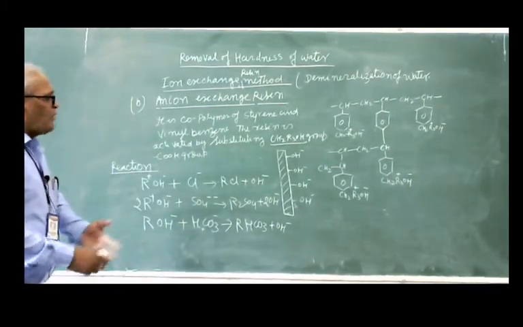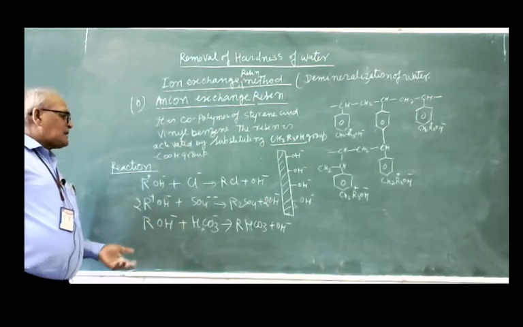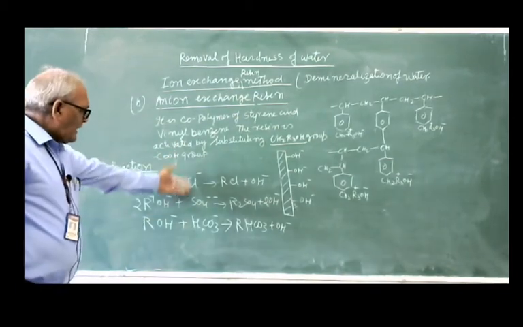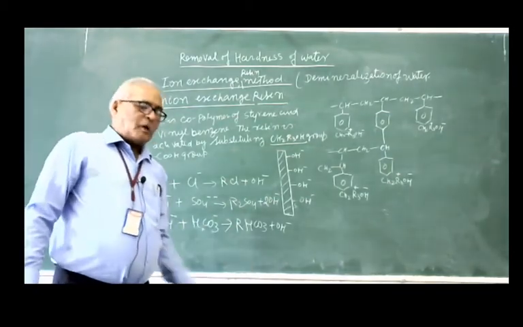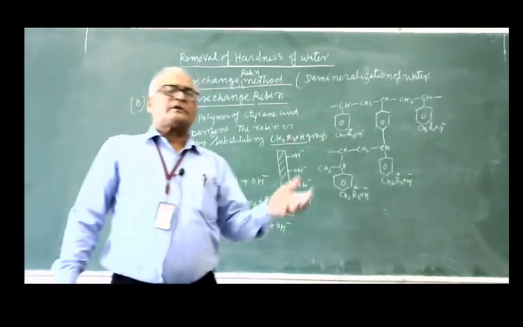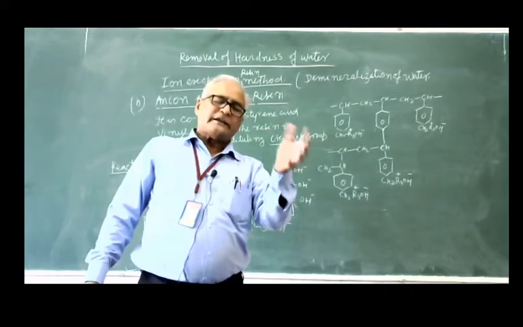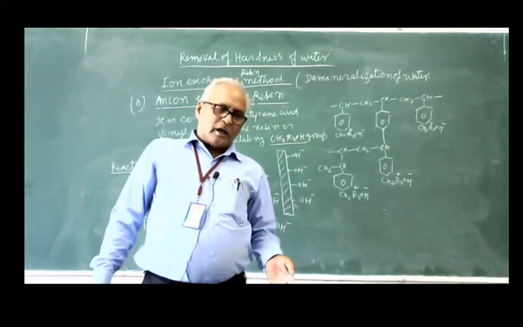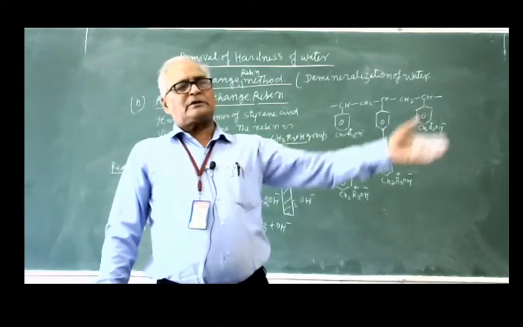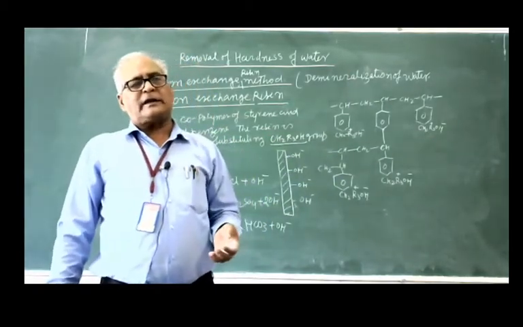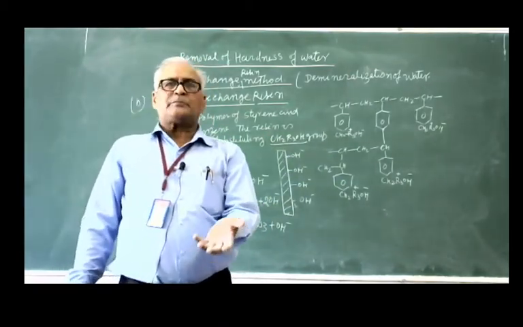So in this way, you find that all ions which are present by the dissolution of the hardness creating salt. For example, calcium chloride salt has been dissolved, calcium is removed by cation exchange resin, chloride ion is left in the solution.